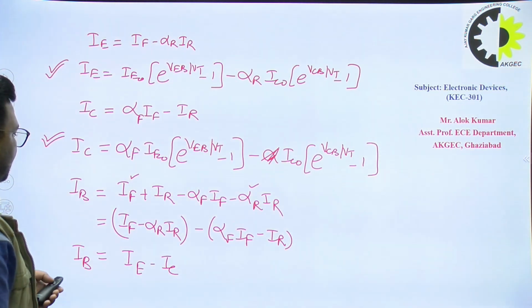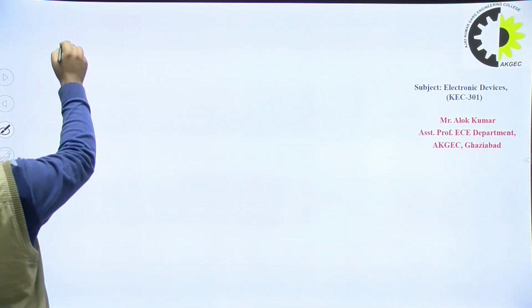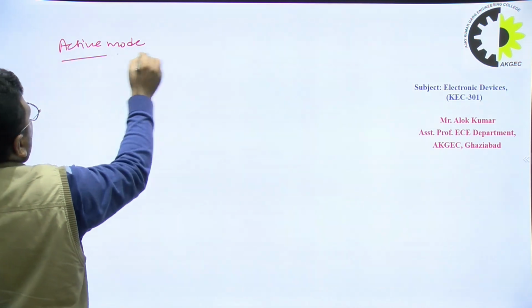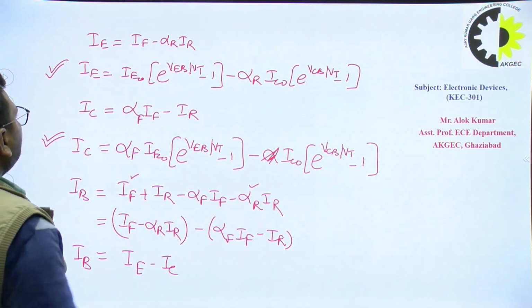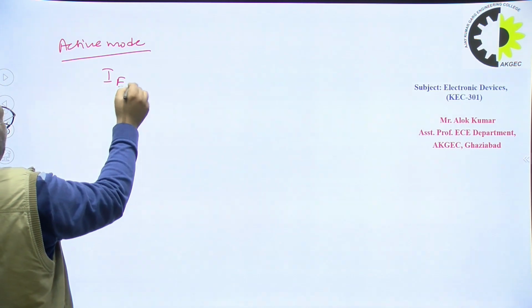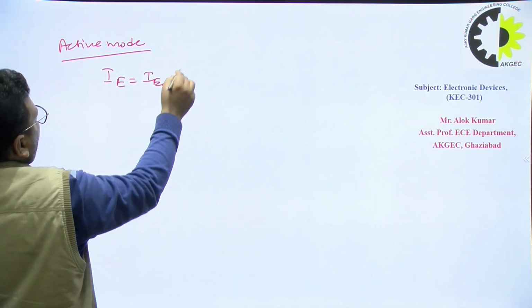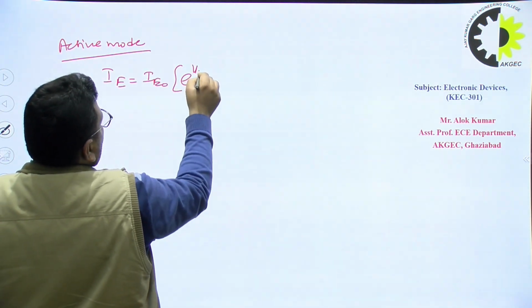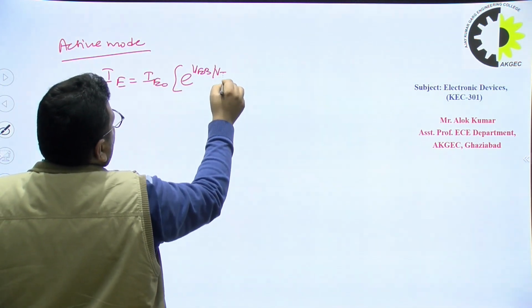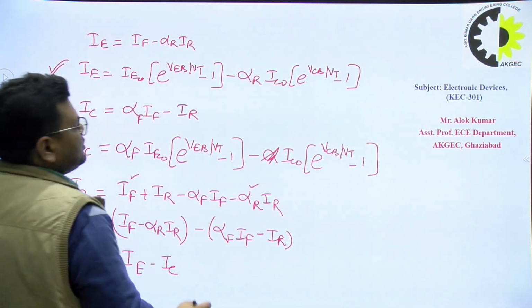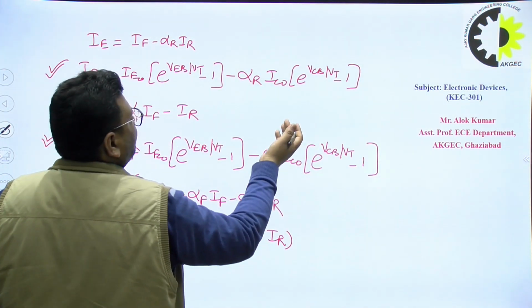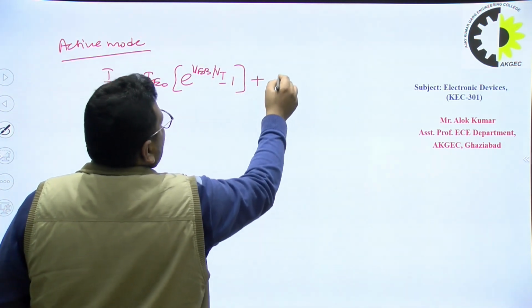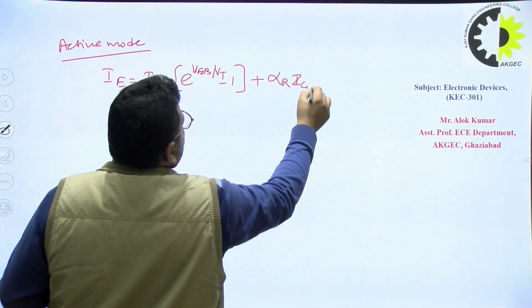Now if I write these equations for active mode, I can modify this. IE will be equal to IE naught into e to the power VEB upon VT minus 1, and in reverse bias, as the saturation current will be negative, it will be plus alpha R into IC naught.